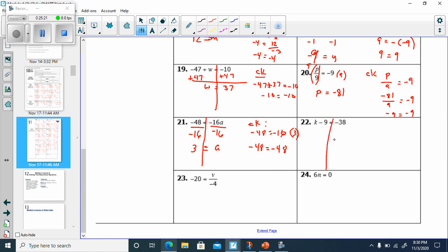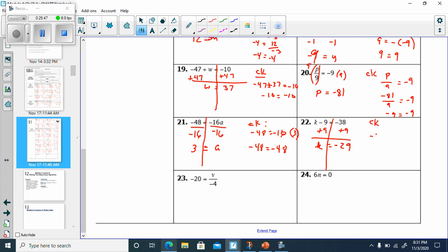Okay, K minus 9 equals negative 38. The opposite of subtracting is to add. This gives me K is equal to negative 29. Let's plug it in to check it.